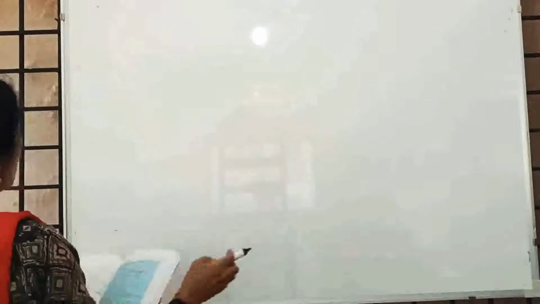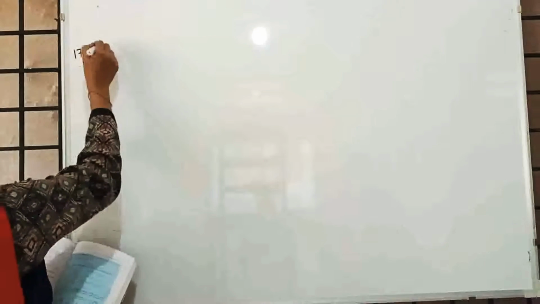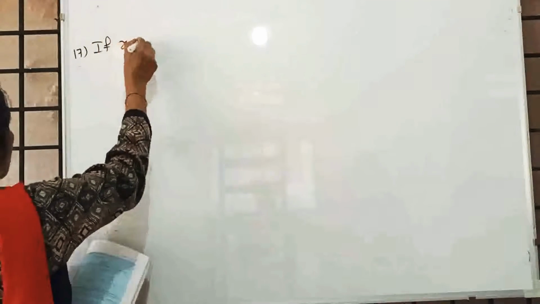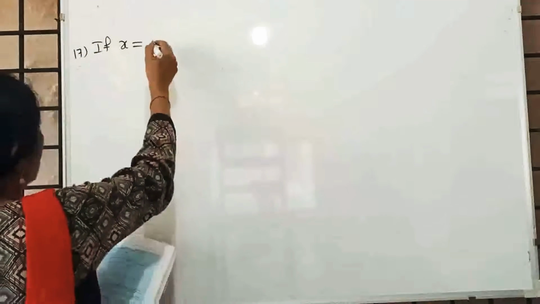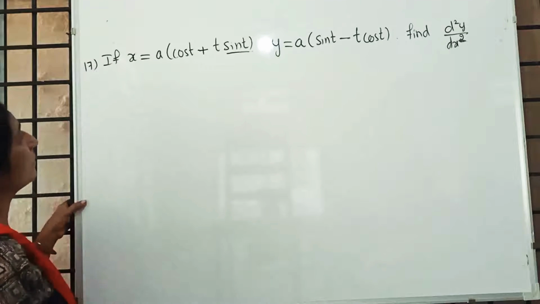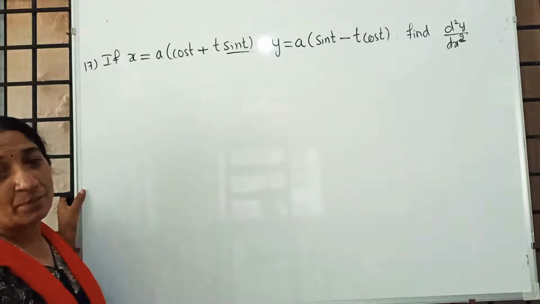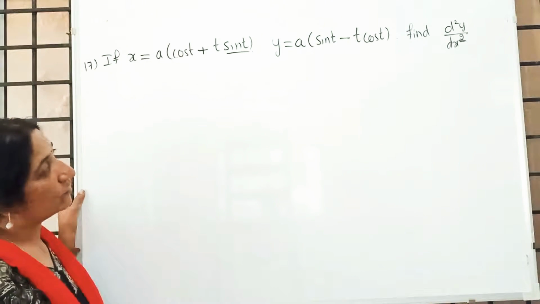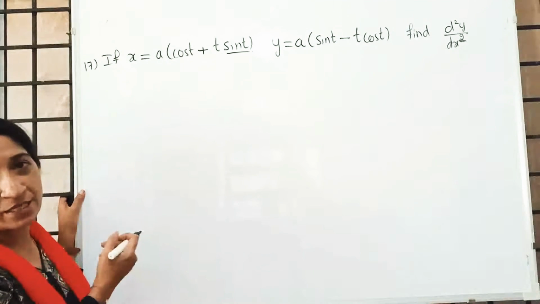If x is equal to a (cos t + t sin t). These questions are parametric equations, and please note down that only one sum of this kind you are solving in the NCERT.